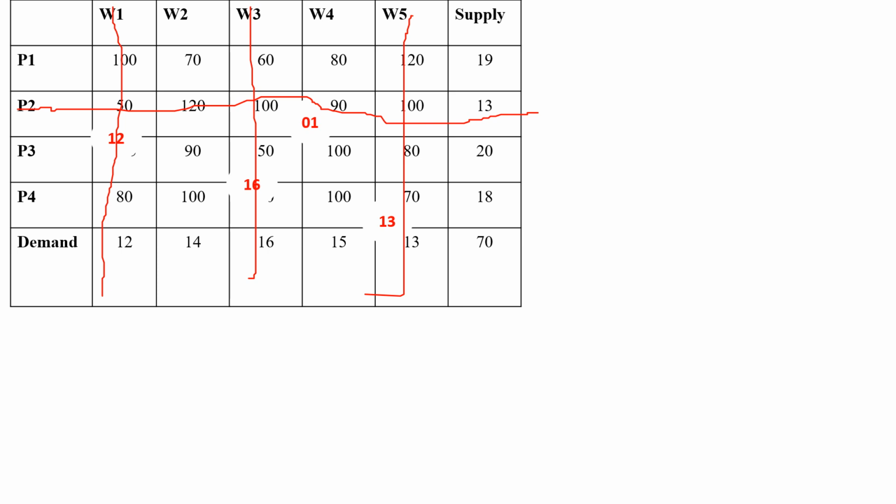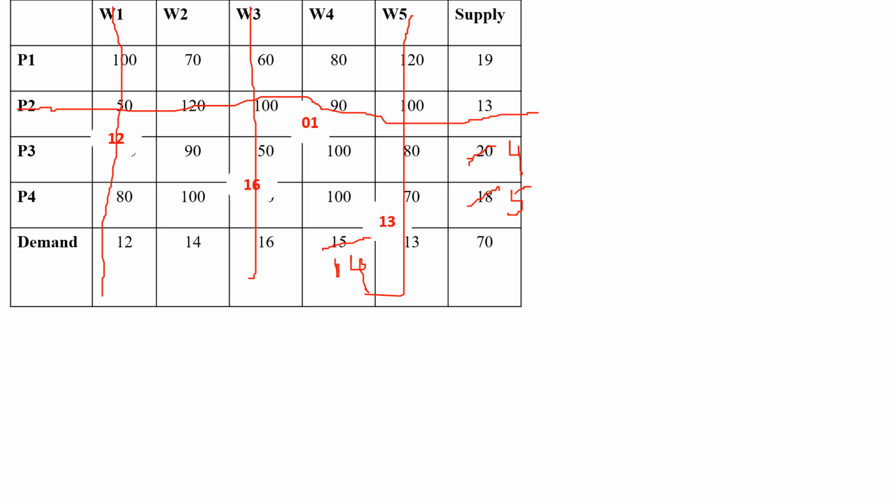The supply of P3 is reduced to 4, the P4 supply has been reduced to 5, and the W4 demand has been reduced to 14. Then we go for step number 5.